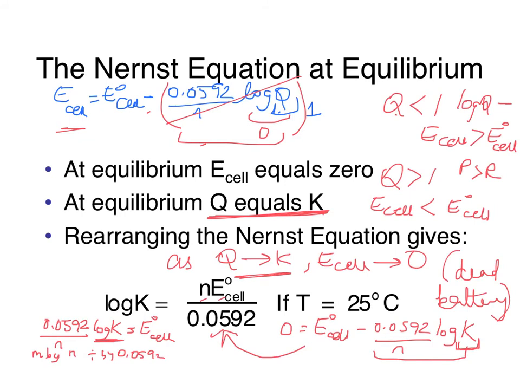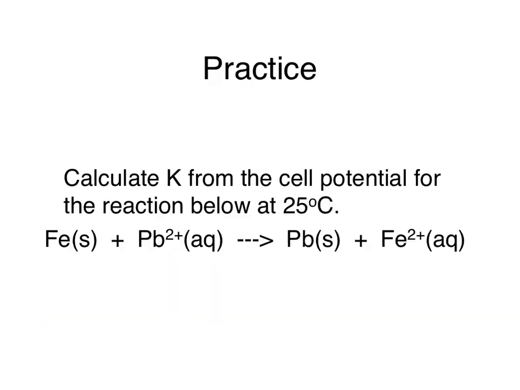So if you can determine E naught cell, and if you know the number of electrons, you can determine the equilibrium constant, and hence you would be able to say whether the reaction is going to go in a forward direction, backward direction, or what. On the other hand, you can also use the equilibrium constant and the number of electrons to determine the E naught cell, so one way or the other. Let's see if we can apply this on one question.